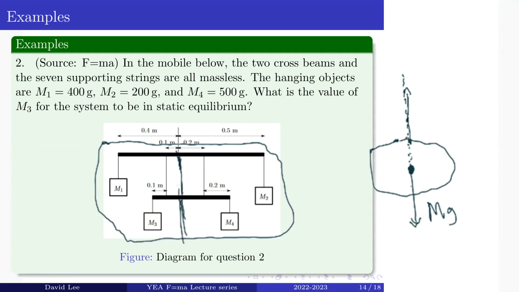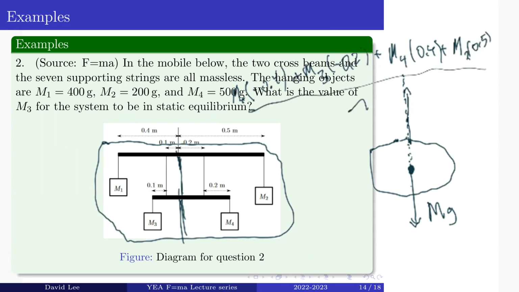So now we can just use our normal center of mass formula. m1 times negative 0.4 plus m2 times negative 0.2 plus m4 times 0.4 plus, oops, this is m3, plus m2 times 0.5, over the total mass, and this should be equal to 0.